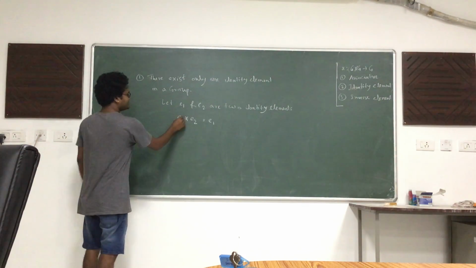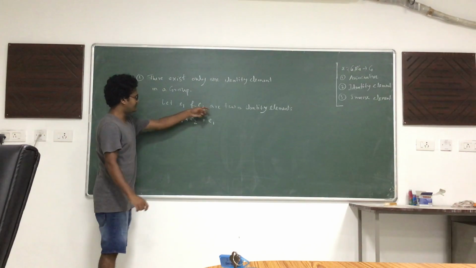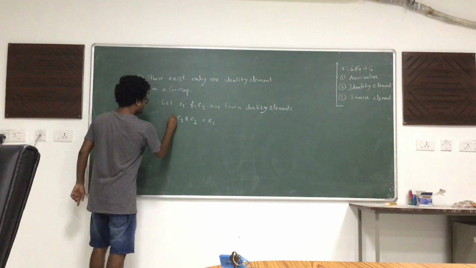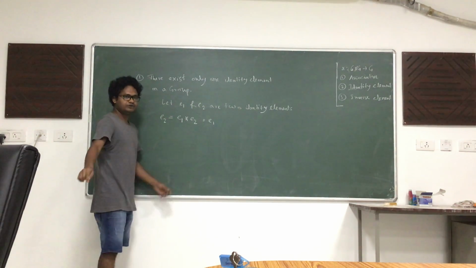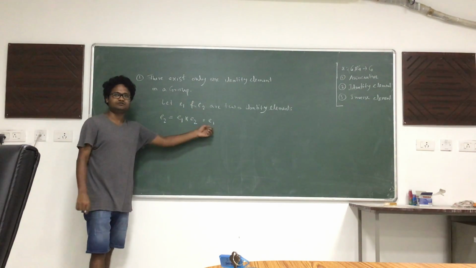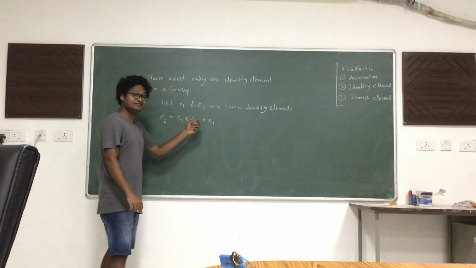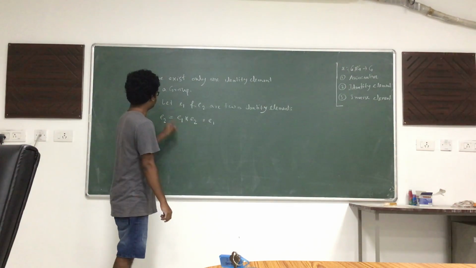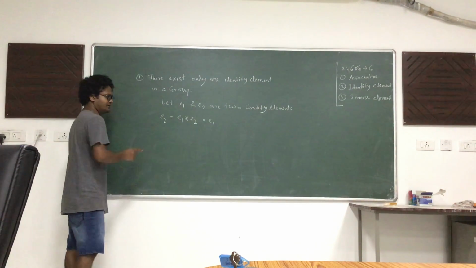On the other hand, since E1 is an identity element, it should be equal to E2. So even if you give two identity elements, they have to be exactly the same. So there is one identity element that you have to give.